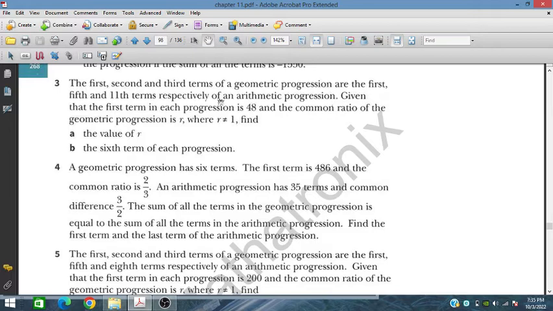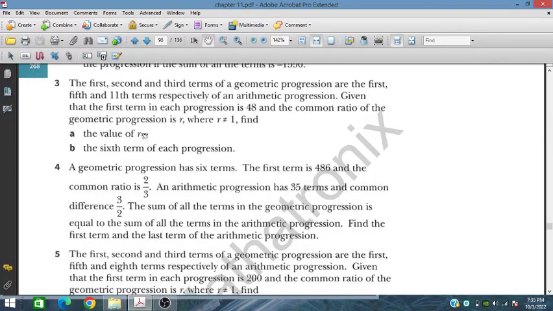It is given that the first term in each progression is 48. So a is equal to 48 for both progressions, and the common ratio of the geometric progression is r, where r is not equal to 1, because r should be between -1 and 1. So find the value of r.